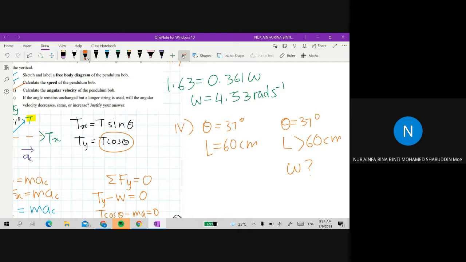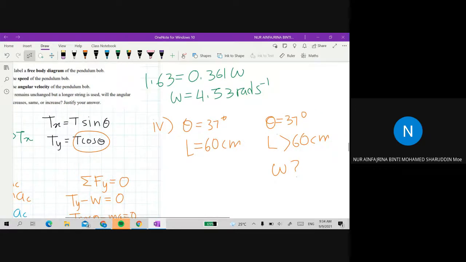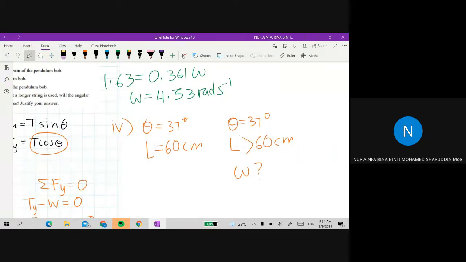Now remember that I told you yesterday, if you cannot macam nak buat dalam bentuk formula, you can still put the values in. Let's try to put the values in.